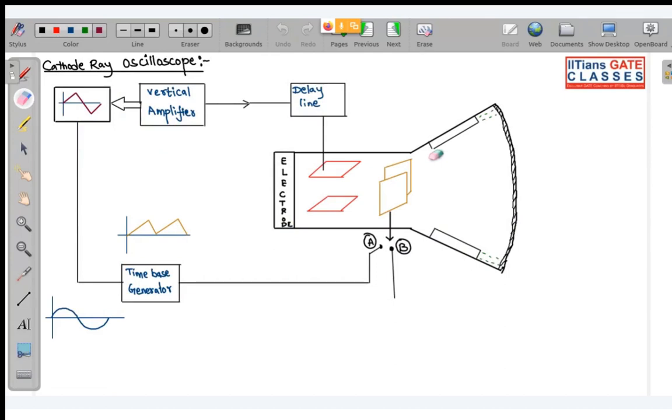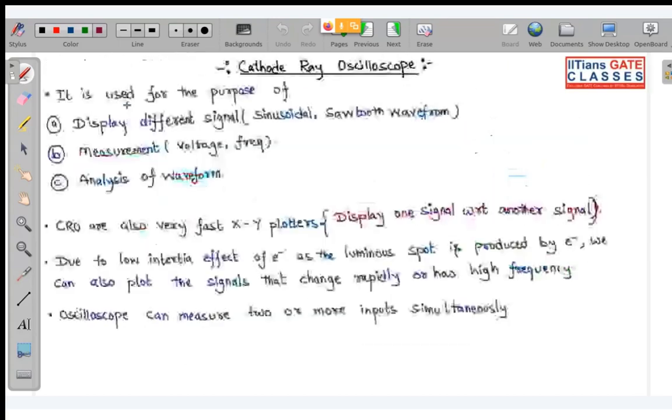Nowadays multiple select type questions are coming, so we need to study the theory. For the last 3 years I never told theory for all this. I told what the vertical amplifier did, the probes and cable, the equations, all those things. But now we have to study all the theory, because you don't know what multiple select type questions might be asked.